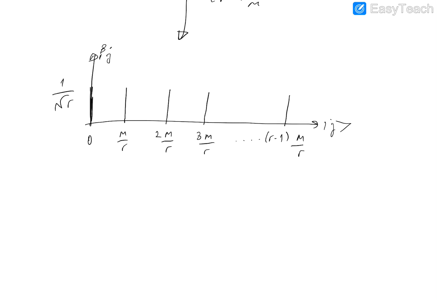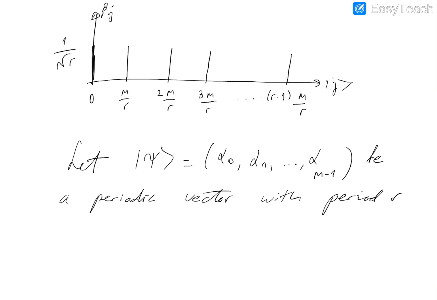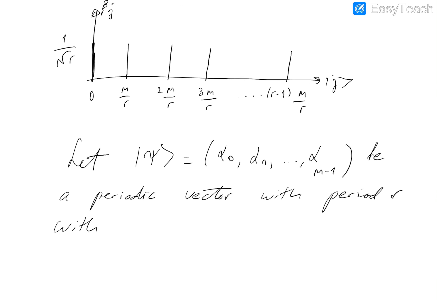If I write this as an expression, suppose that psi is a periodic vector, alpha 0, alpha 1, up to alpha m minus 1, and suppose that psi has no offset.